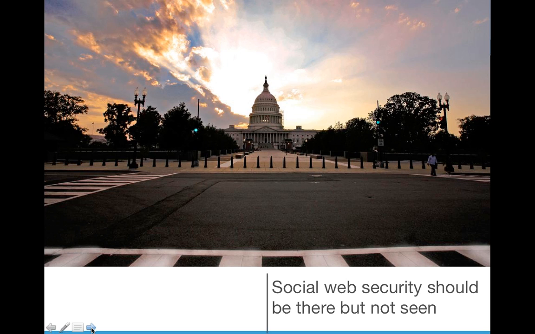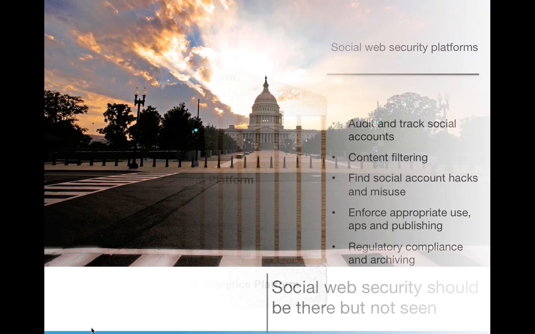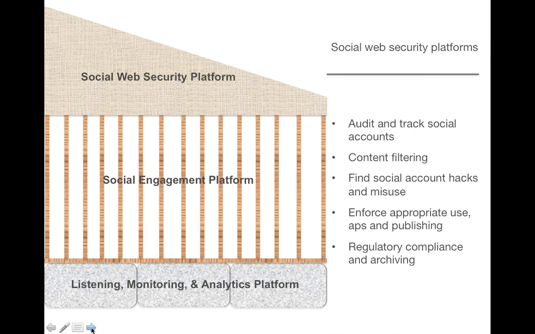So when it comes down to it, the first thing good social web security platforms really do well is they audit and track social accounts. If any of you have worked in a large organization, you know well how quickly social media accounts can proliferate, whether across divisions or departments.